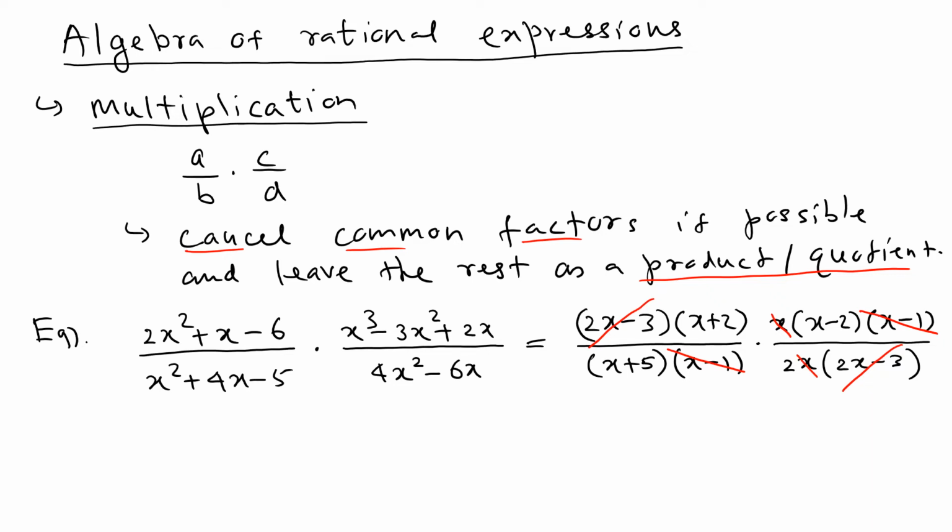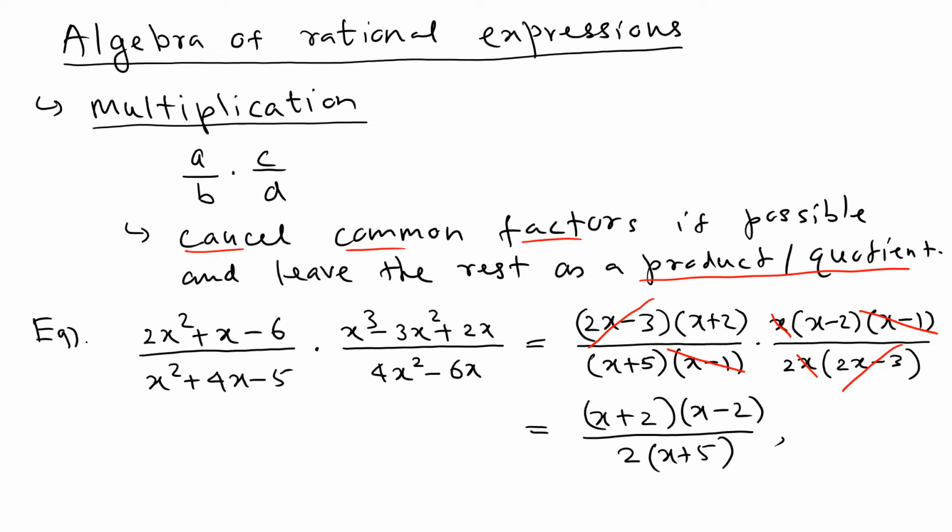Now we can write the rest. From the top, you're going to get x plus 4, x plus 2 and x minus 2. From the bottom, you're going to get 2 times x plus 5.